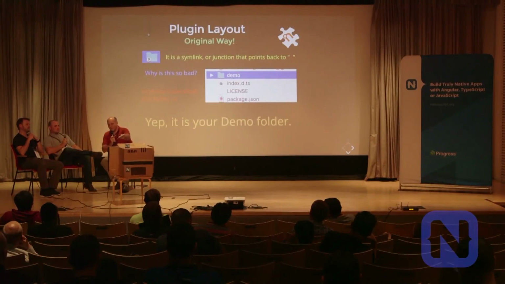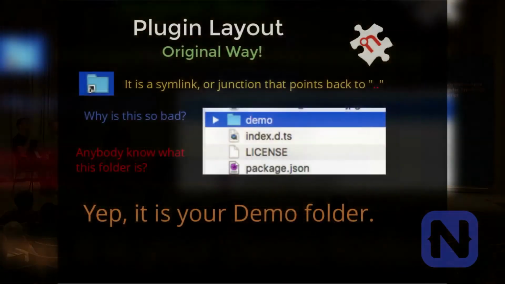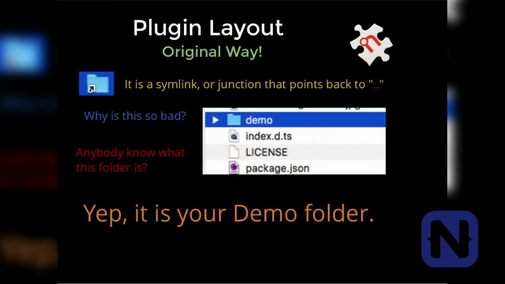So why is it so bad? Because this is what your dot dot folder looks like. What is that top folder there? The demo. So your demo folder, inside its node_modules, is pointing back to itself because NPM linked you to the root folder. That sounds really bad. That is very bad. Yeah, it's your demo folder.